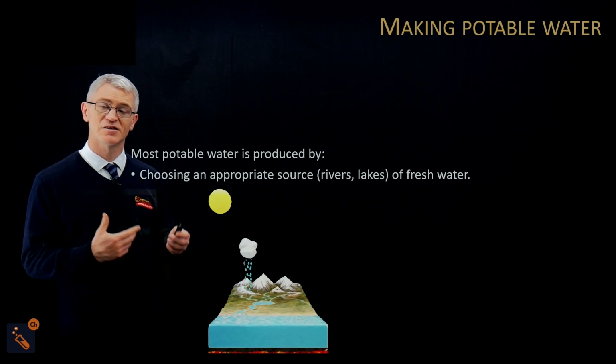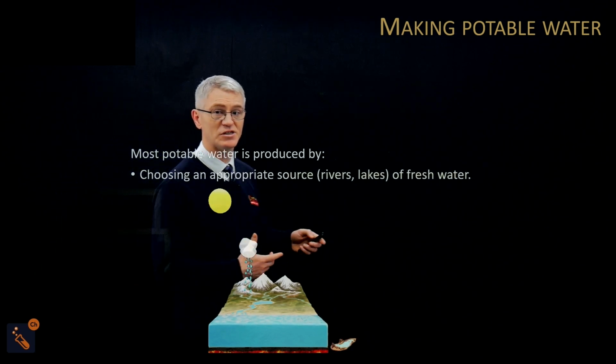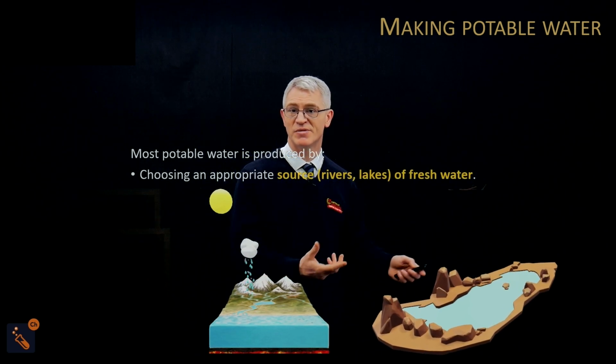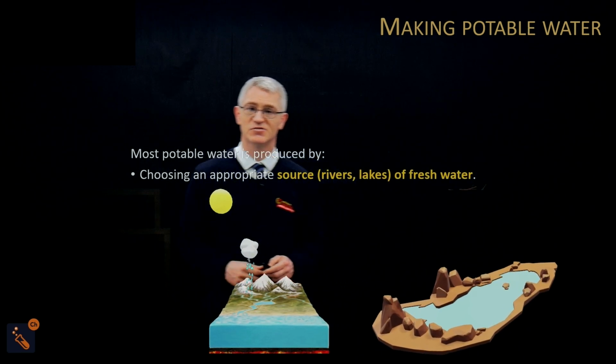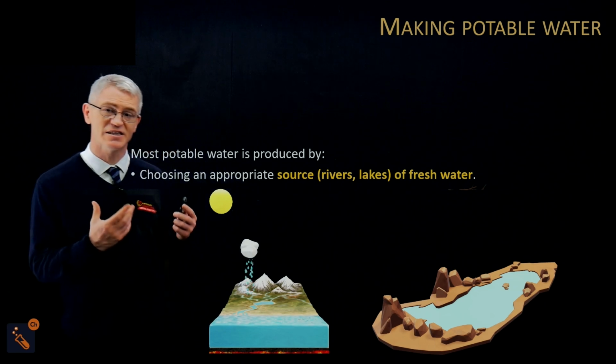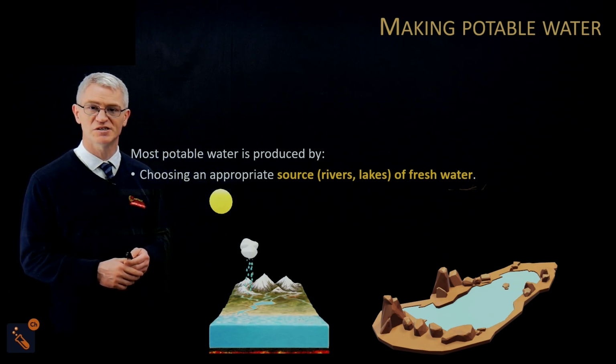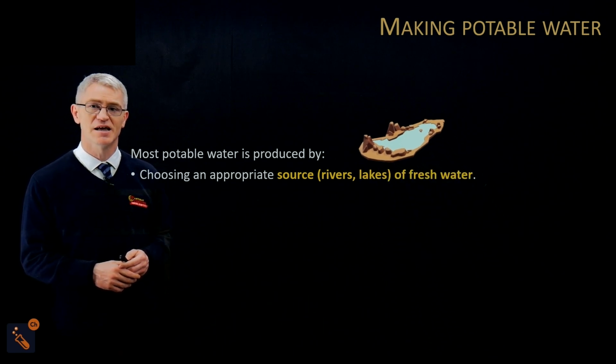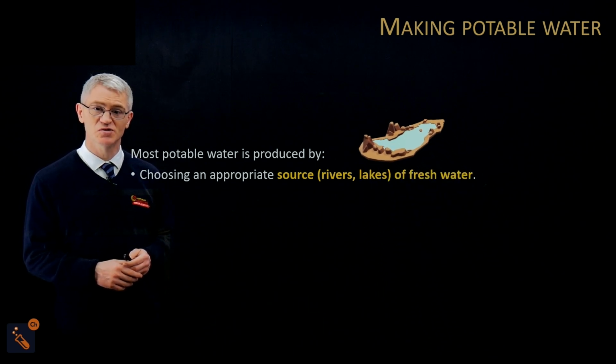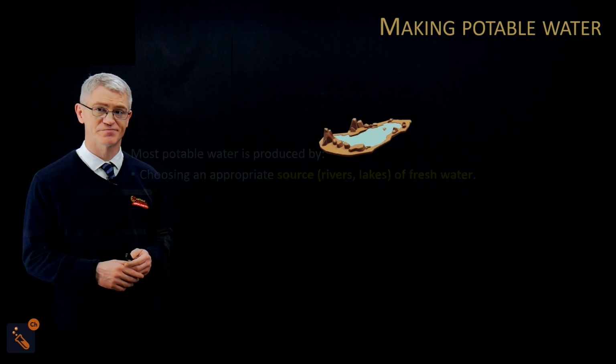Where we collect the water is a lake that we term a reservoir. Sometimes they're man-made, most of the time they are natural, okay? And we just say that they are reservoirs, and that's where we're going to collect our water from to be treated.